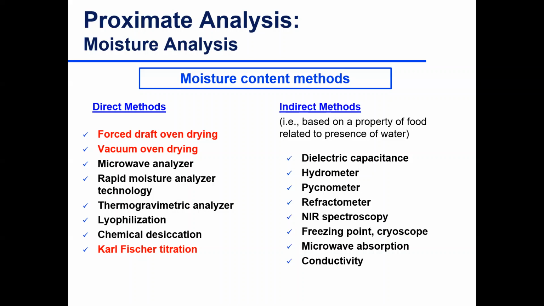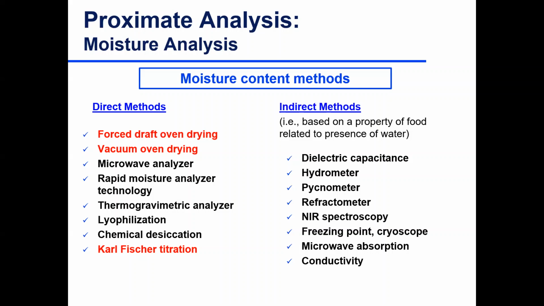But you can also determine certain properties of the food. Dielectric capacitance, for example, depends upon the amount of moisture. So we get a direct reading here too, by the ability to carry electricity. Hydrometer, in the old days you may have used a little bulb that you put into a liquid, and it displaces liquid equal to its weight.